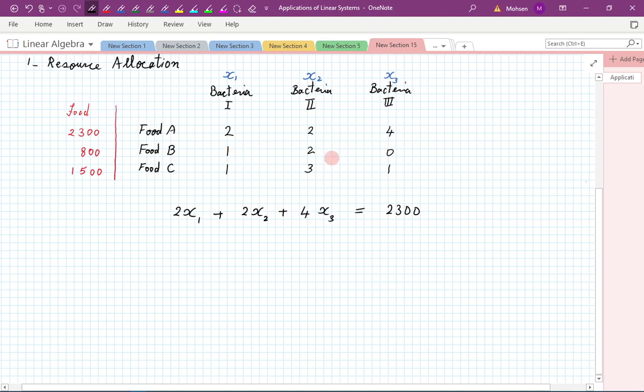Well, same thing for food type B. So I'll have 1x1 plus 2x2, and this one doesn't eat this at all, and that's supposed to be 800 units of food type B. And last, 1x1 and then 3x2, and then we have 1x3 that is supposed to be 1500 units.